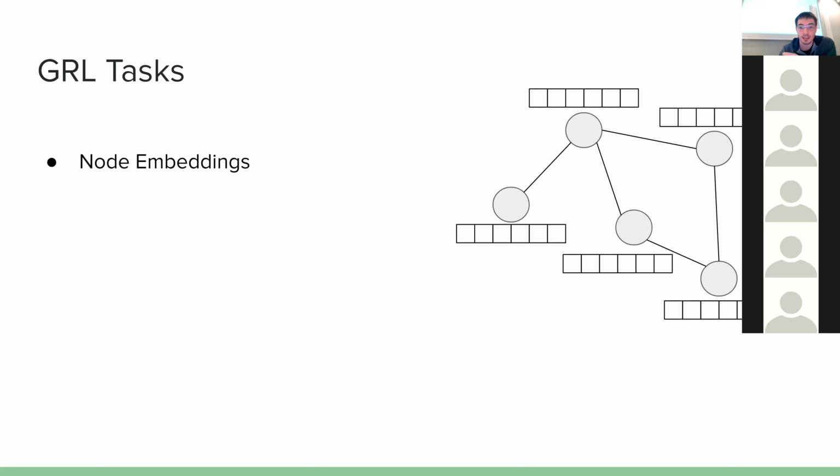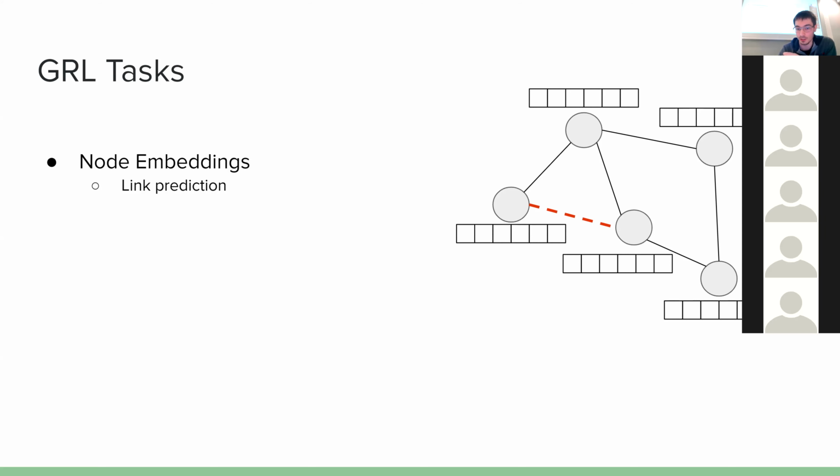But then, in addition to this task, there is one additional task which is very graph specific that we can do with node embeddings, which is link prediction. Link prediction means, given the knowledge that we have, how likely it is that a certain edge, a certain connection that we don't see in our graph, like this red dotted line, will appear in the future, or how likely it is that it is there, but we just didn't see it.